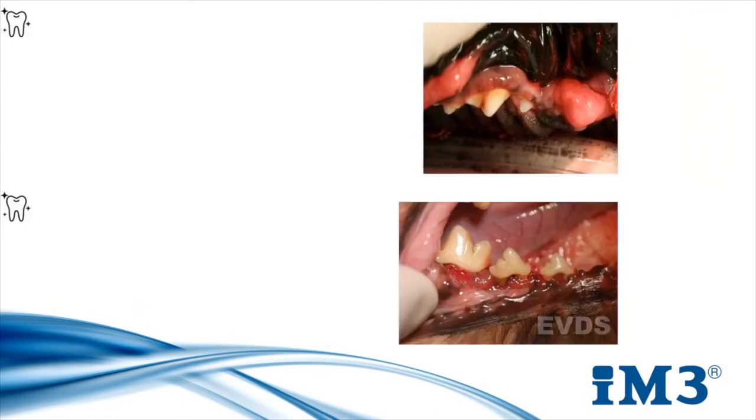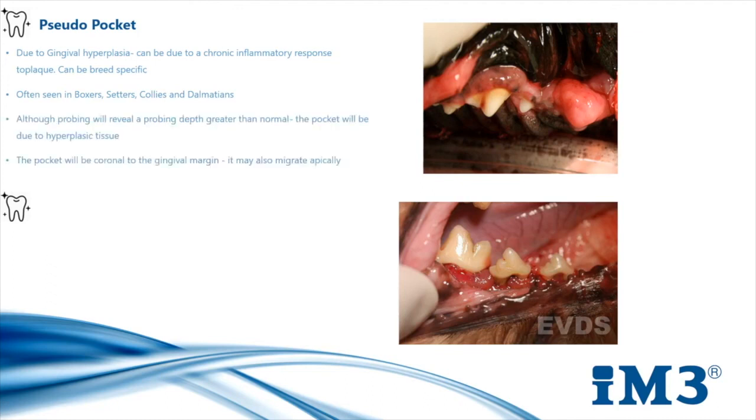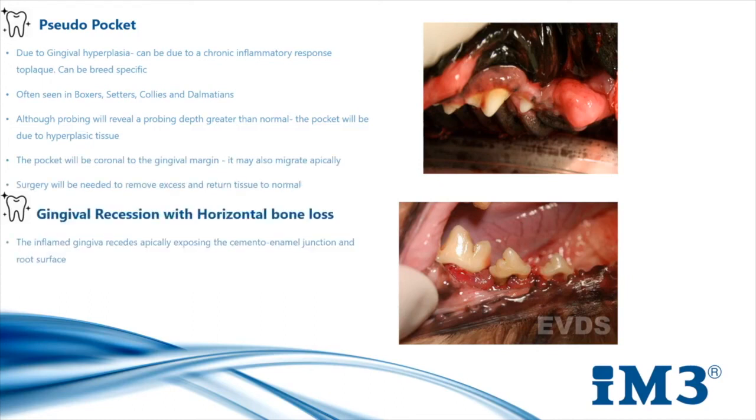Whilst we are probing, we just need to know about pseudo pockets. These are actually due to gingival hyperplasia, which can be due to perhaps chronic inflammatory response to plaque in the mouth. However, they can also be breed specific and are often seen in boxers, setters, collies and also Dalmatians.